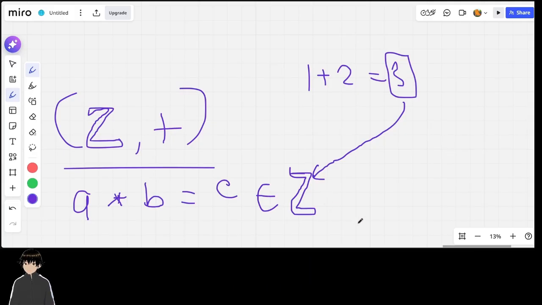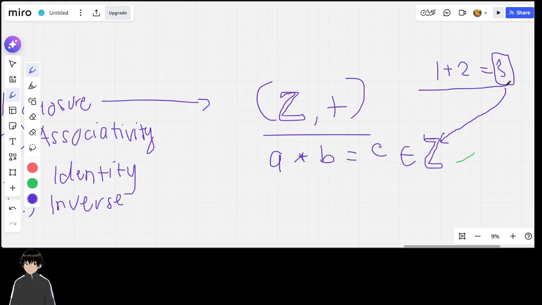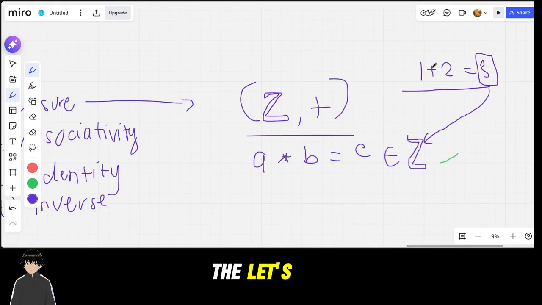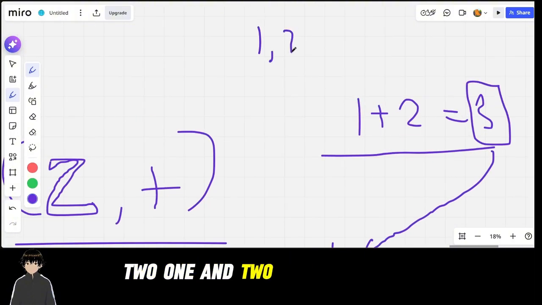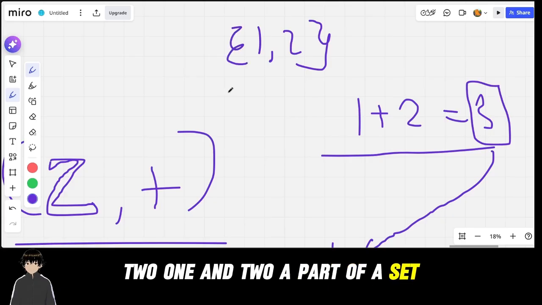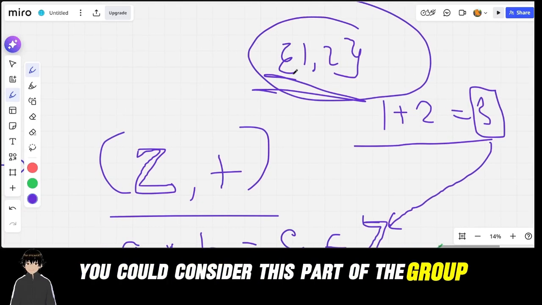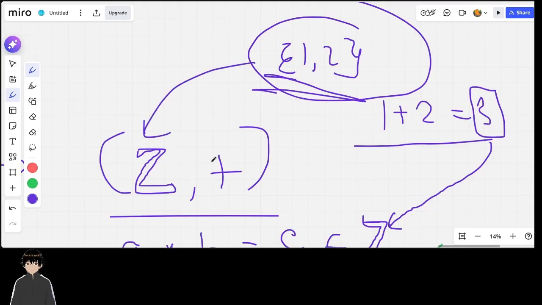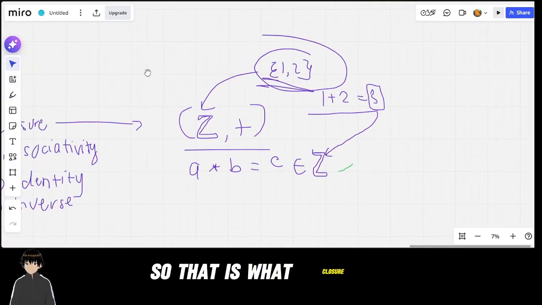It is. So then, this is a valid closure. Let's say these two, 1 and 2, are part of a set, then you could consider this a group. So that is what closure is.